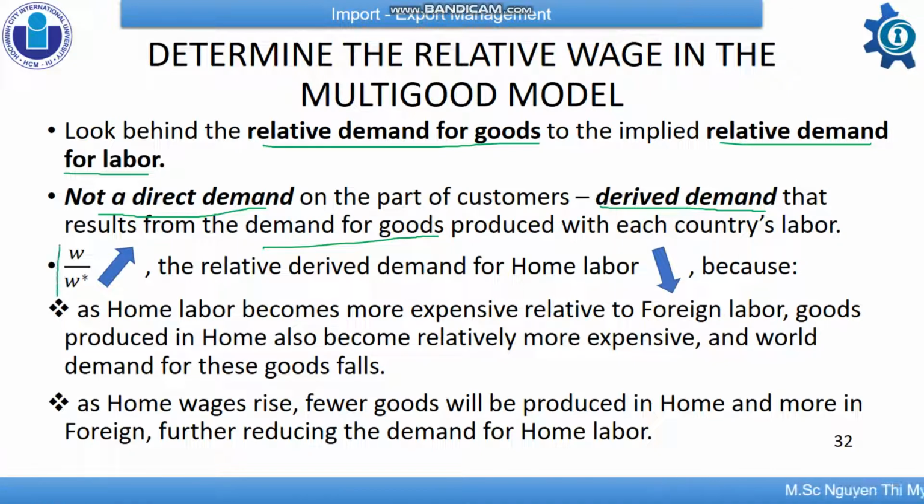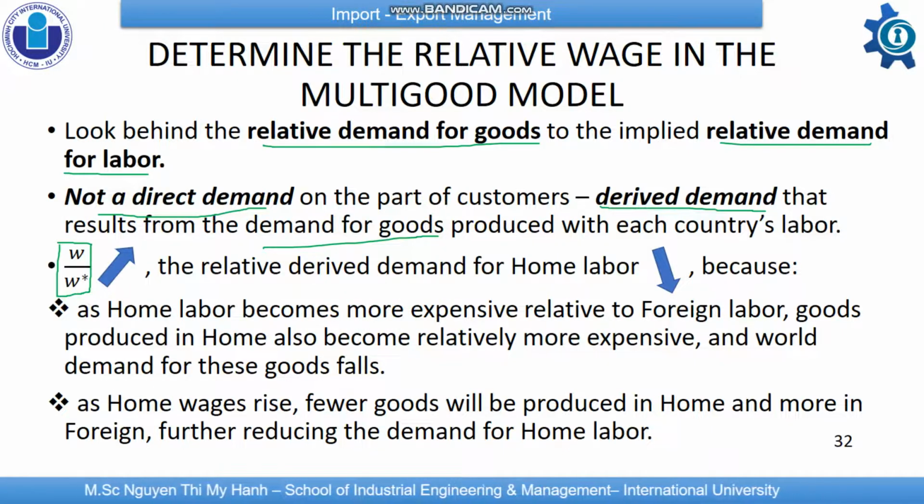If the relative wage in home country to foreign country increases, the relative derived demand for home labor will decrease. Why? Because when the relative wage rate in home country to foreign country increases, the home labor becomes more expensive compared to the foreign labor.